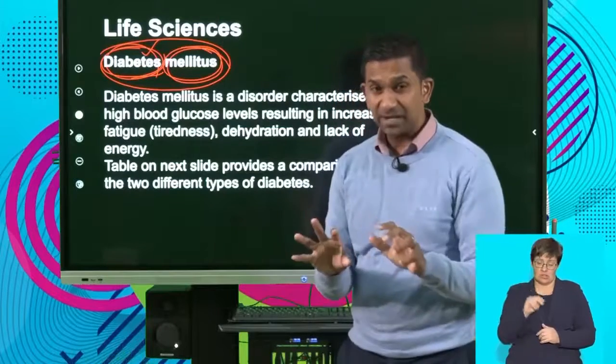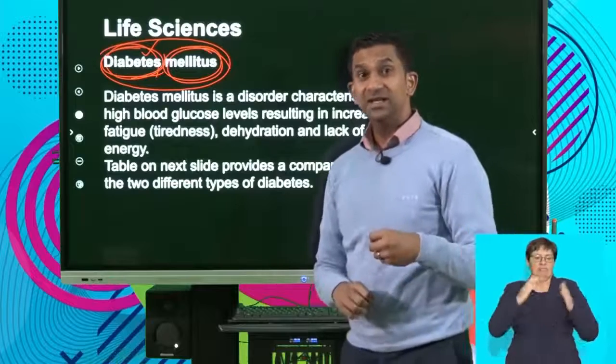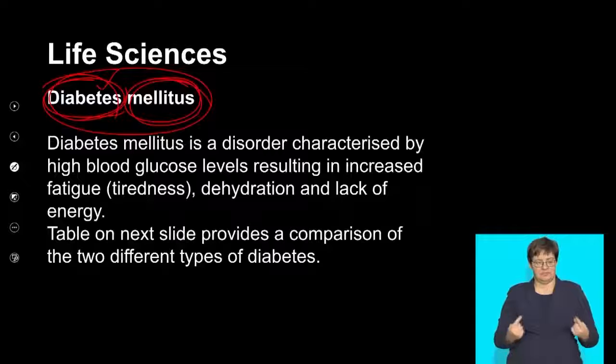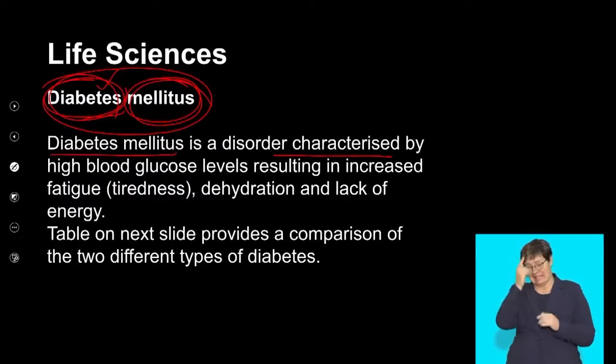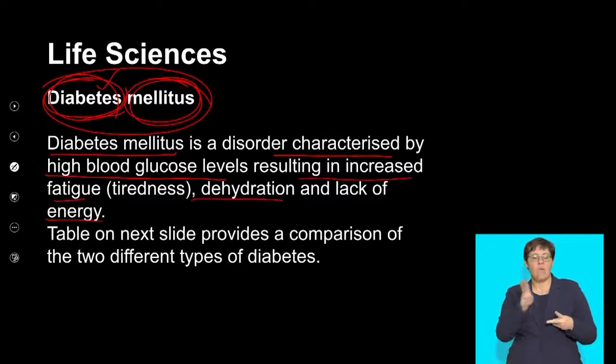So we'll unpack that as a disorder which is as a result of the body's inability to control blood sugar levels. Right. So diabetes is a disorder characterized by high blood sugar levels or high blood glucose levels, resulting in increased fatigue, dehydration, and a lack of energy.